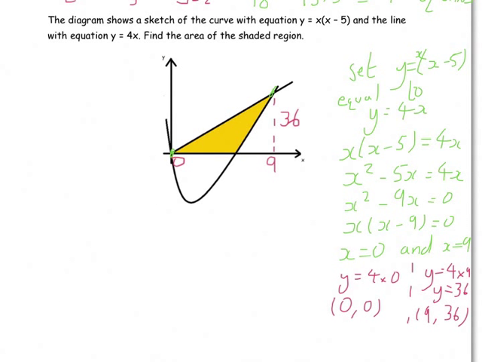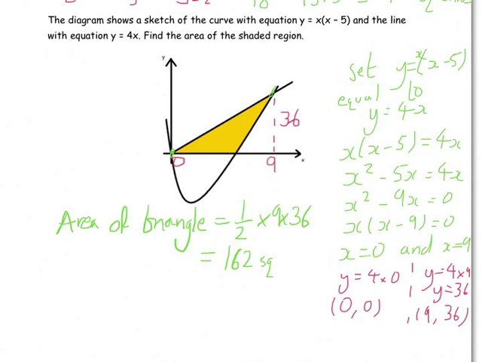So we can find the area of a triangle by doing base times height divided by 2. So let's just find the area of the triangle. Area of triangle is equal to 1/2 times 9 times 36, which is equal to 162 square units.